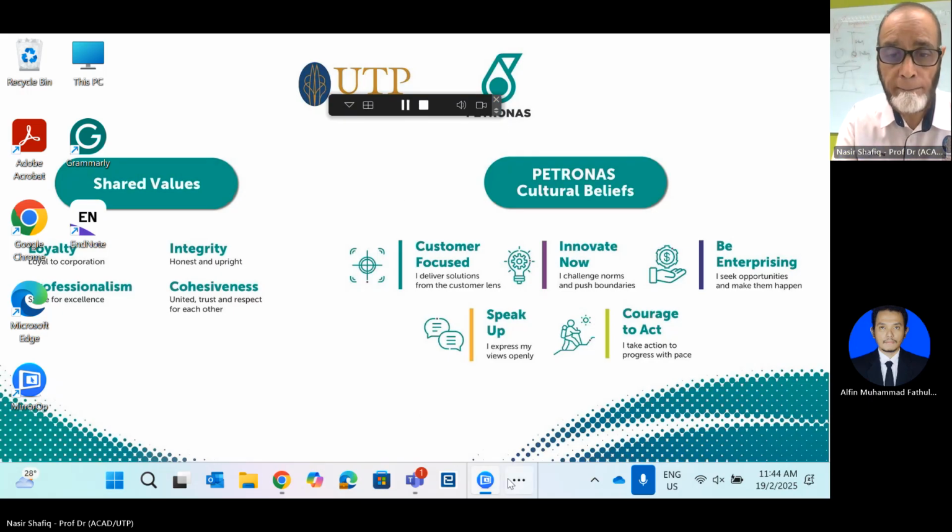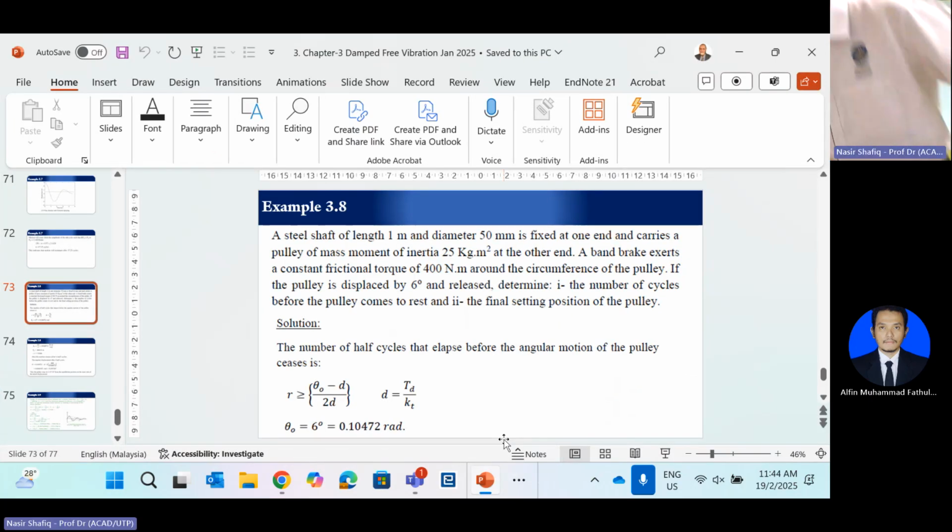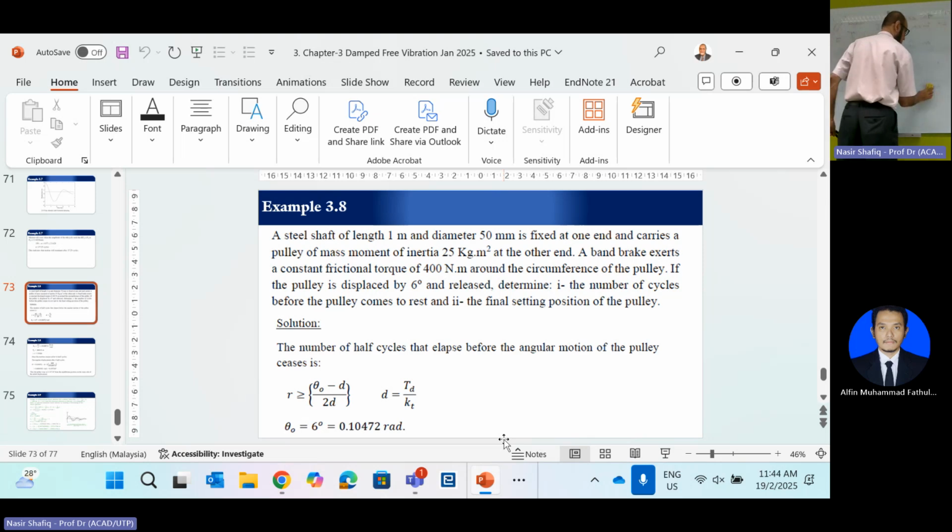Length is 1 meter, and diameter is 50 mm, or 0.05 meter.